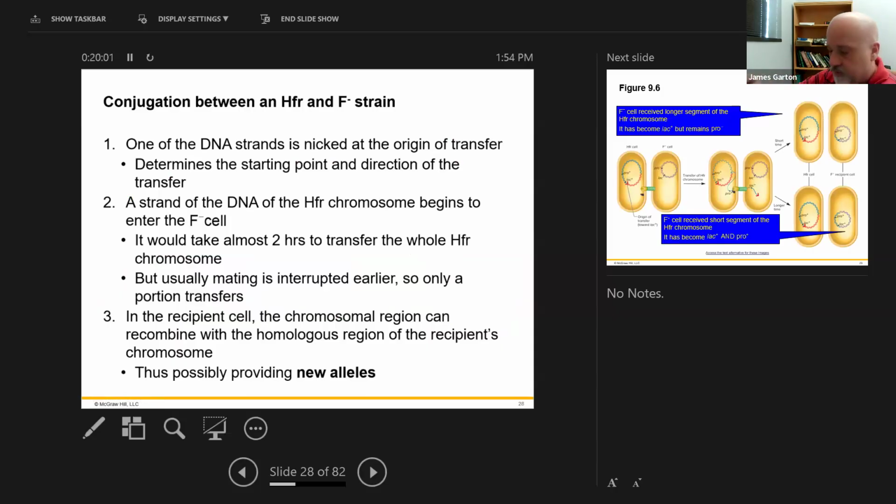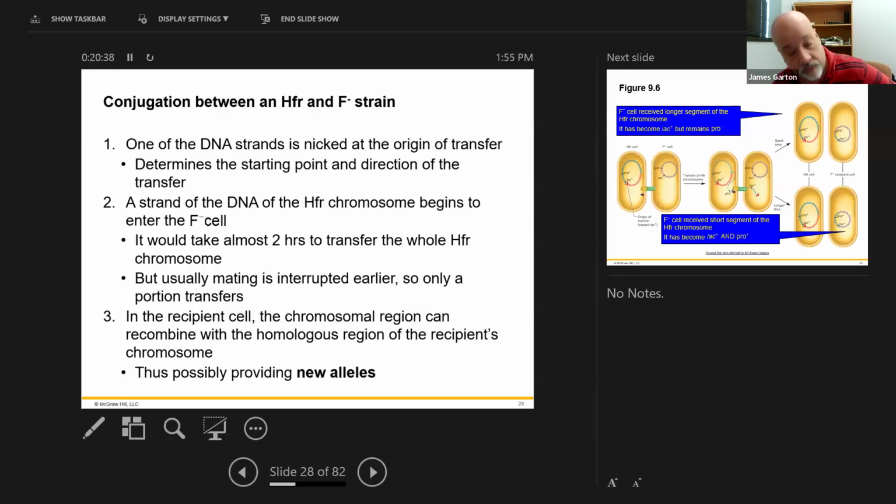Because of the typical size of bacterial chromosomes, it has been determined that it would take a couple of hours to transfer the entire chromosome. A couple of hours is an eternity of time to a bacterium. And so usually this conjugation is interrupted before the 2 hours is complete. And so only some of it happens.